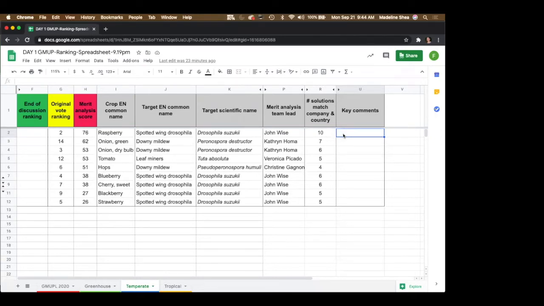So the next step in this process is to take a look at this spreadsheet that we have in front of us.